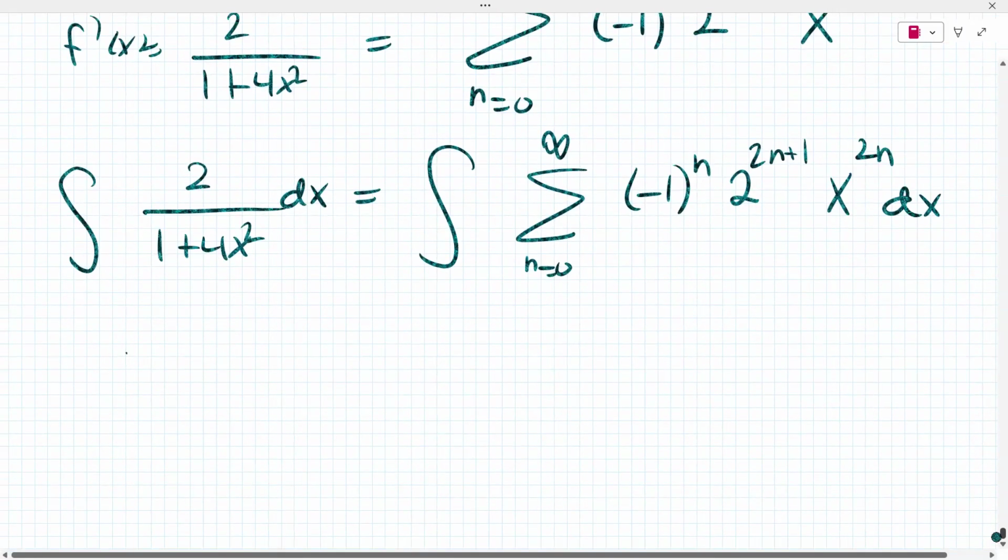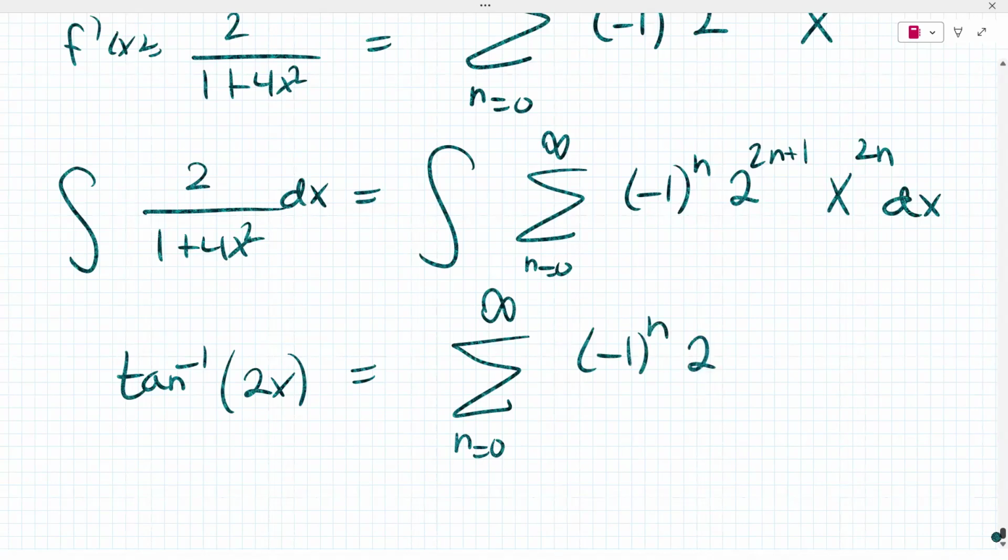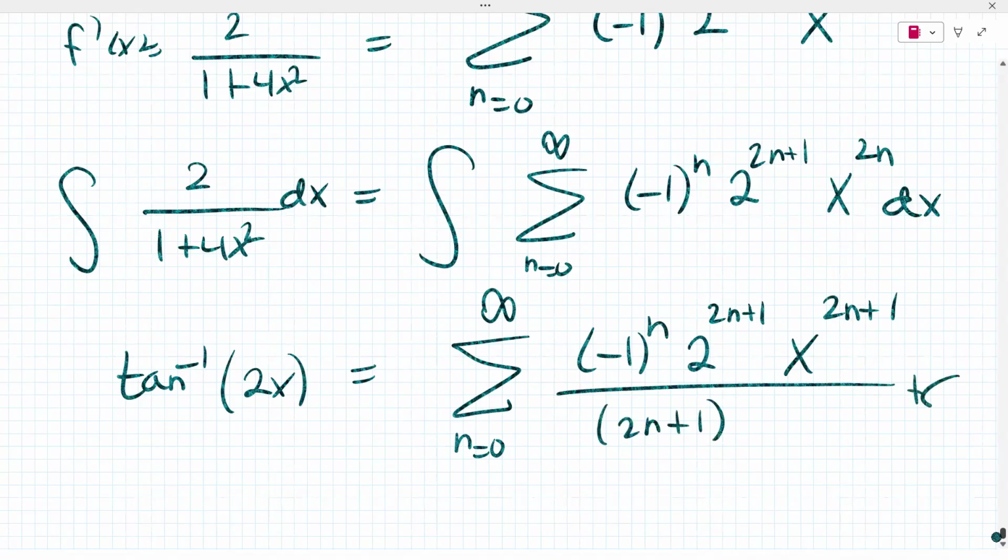You get tan inverse 2x equals the summation of n equals 0 to infinity, negative 1 to the n times 2 to the 2n plus 1 times x to the 2n plus 1 over 2n plus 1 plus c.